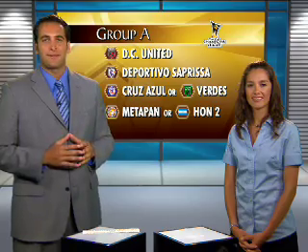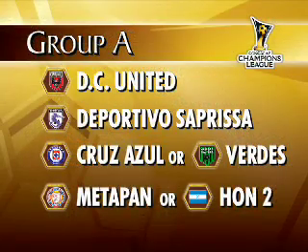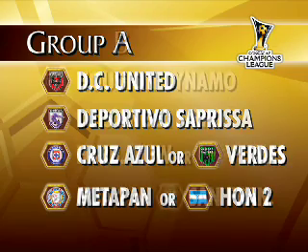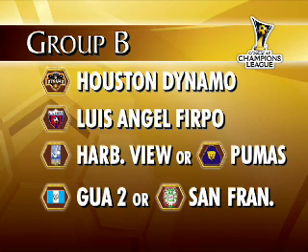In Group A, DC United, Saprissa, Cruz Azul or Hankook Verdes, and finally, Isidro Metapan or Olympia or Marathon. In Group B, the Houston Dynamo, Luis Angel Firpo, Harbour View or Pumas UNAM, and finally, Municipal or Jalapa or San Francisco.